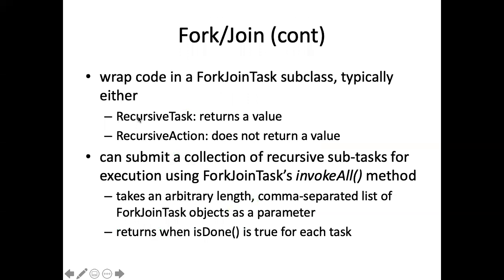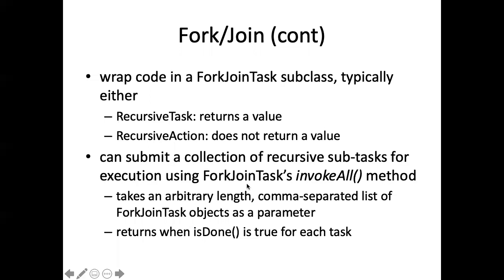The way you do that is there's two subclasses. You can use a recursive task that returns a value or a recursive action that's like void. It does not return a value, but you could still, for example, operate on different parts of an array like quicksort does. And you use the invokeAll method to submit a collection of tasks.